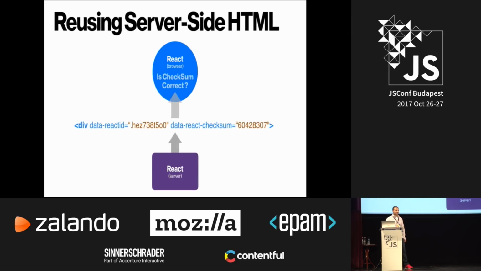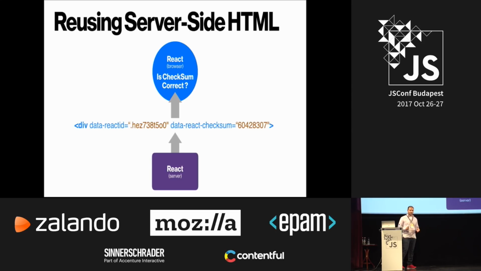Some of you may ask a really good question. How will React reuse the server-side rendered markup on the client side? And this is a really cool feature of React, because once the HTML is rendered on the server side, React will automatically add a checksum to it. And after the web app is initialized, React will re-render the HTML in its own virtual DOM.